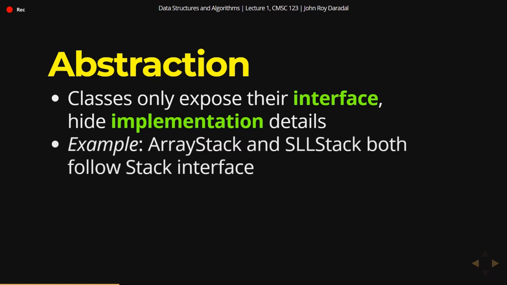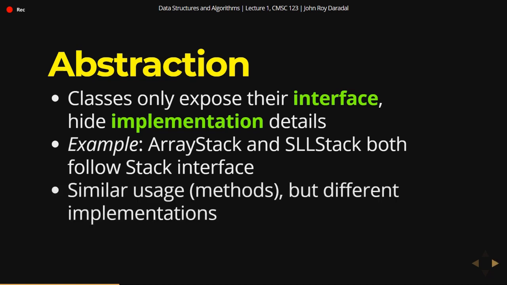So later on in our lab exercises, we will see an example of this. So for example, an array stack and an SLL stack, they both follow the stack interface. So if we use an array stack or an SLL stack, it doesn't really matter. They have a similar usage. So they have the same methods because they all follow the stack interface.